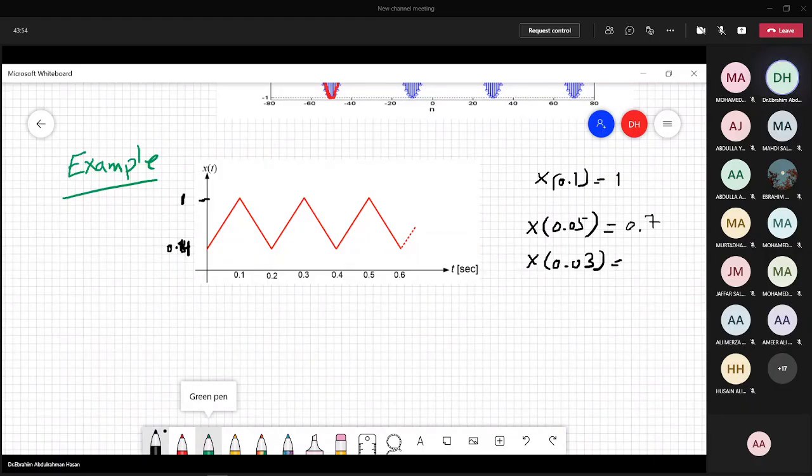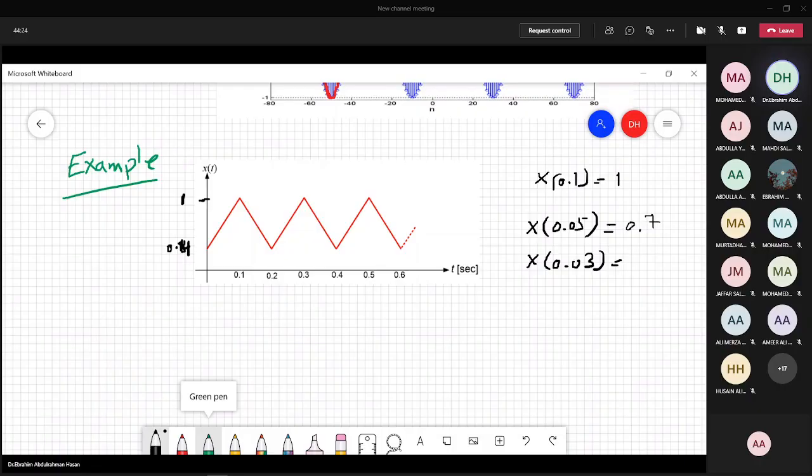It is not undefined. 0.03 is somewhere here. 0.03 has a value, and zero has a value. There is some value here, surely greater than 0.4.